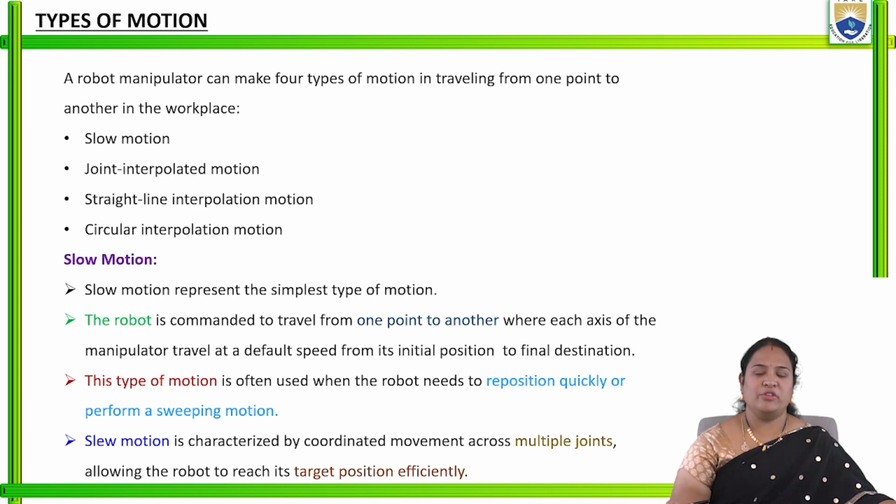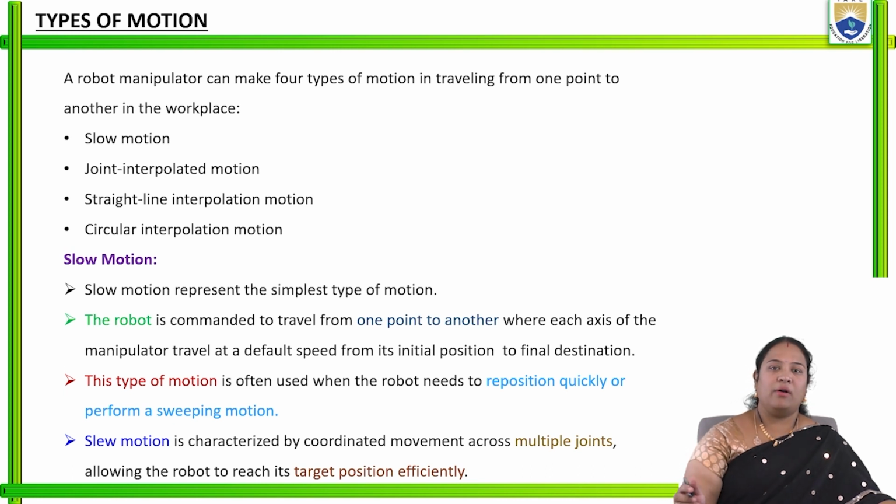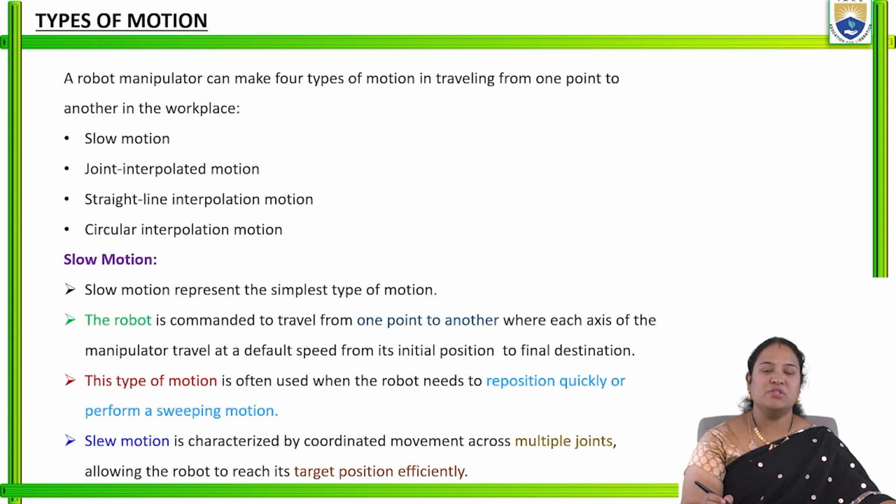The movement of the robot manipulator takes place at some constraint of time, moving from one point to the other with respect to its axis manipulator, with a slow movement, in order to reach back to its original position or to perform a sweep motion. It is one of the simplest types of motion.